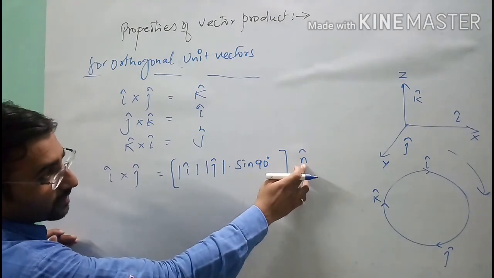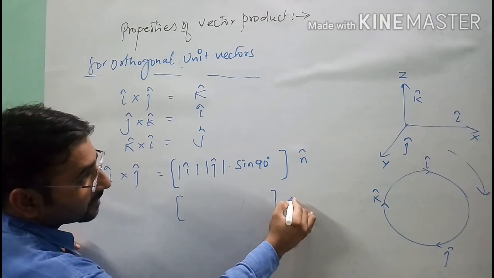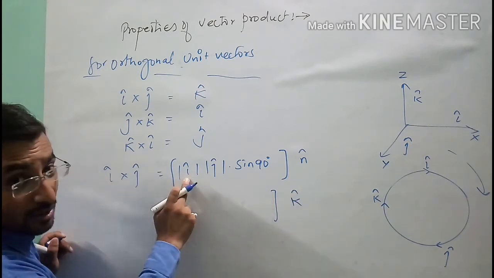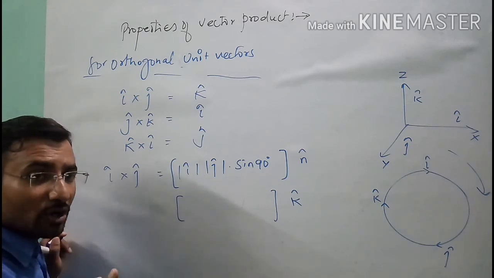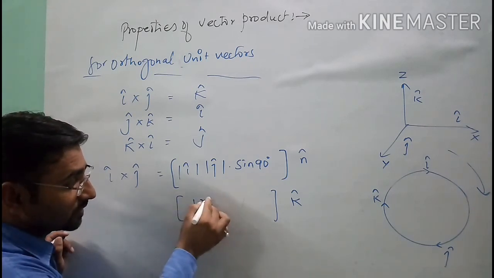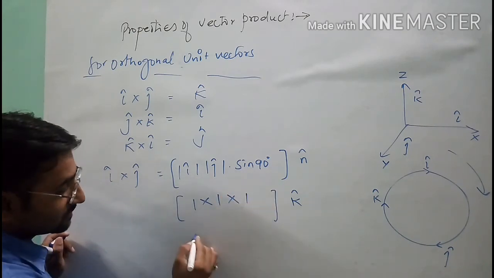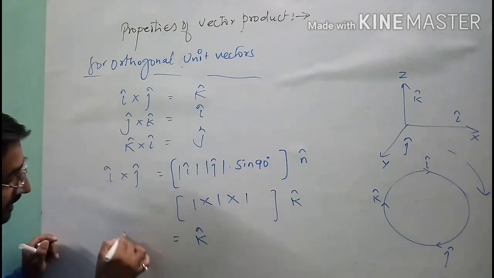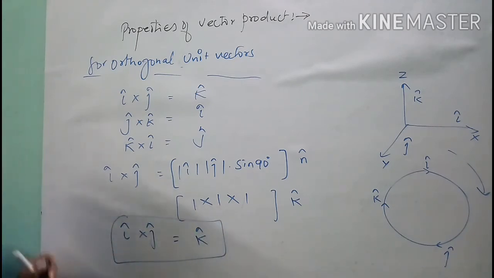So in place of n cap, I will write in the next step k cap. And here the modulus of a unit vector, from the definition of unit vector, you know is 1. So it is 1, once again 1, and the overall value is k cap. That's why I can say i cross j is equal to k cap.